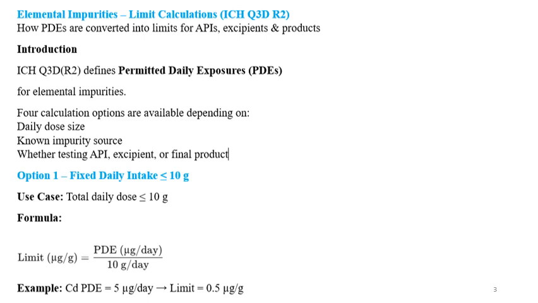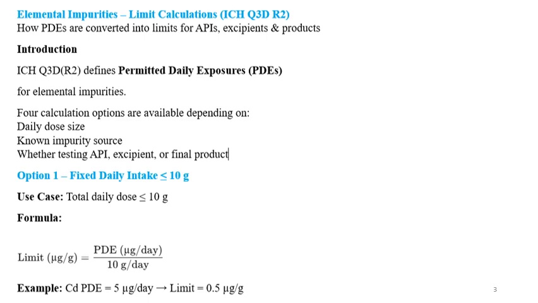PDE stands for permitted daily exposure. For calculation options, there are criteria based on the daily dose size, known impurity source, and whether testing the API, excipient or final product.